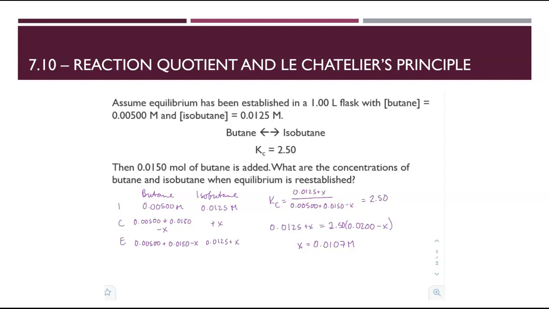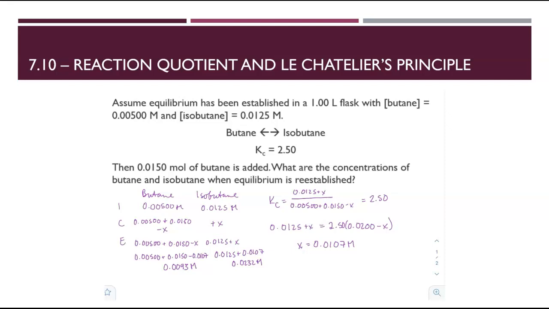So if we plug in X, we end up with, for butane, 0.005 plus 0.0150 minus 0.0107, which gets us 0.0093 for our butane concentration, and our isobutane concentration becomes 0.0232 molar.